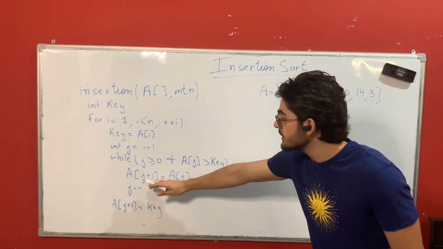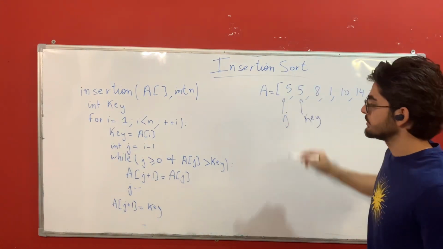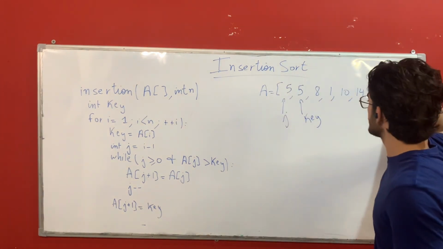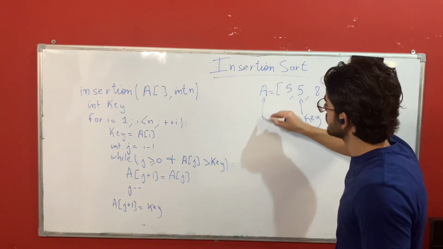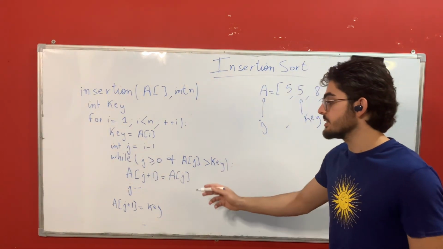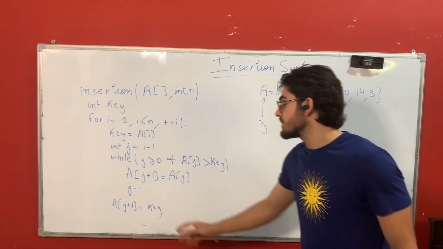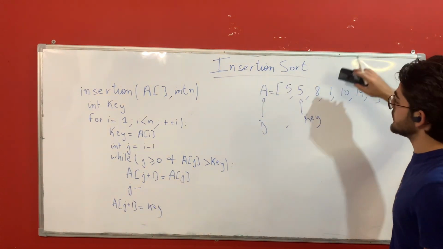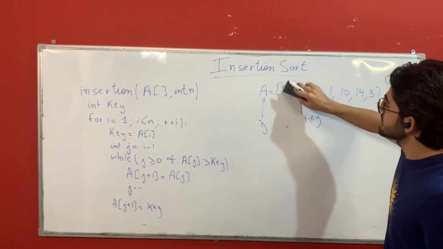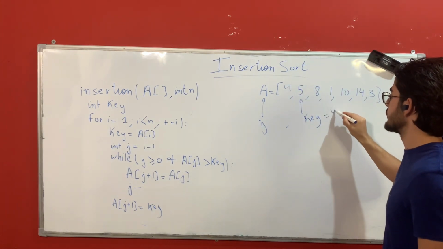So A of j will be copied to A of j plus 1. We decrement j by 1. j now is no longer greater than or equal to 0, so it breaks the while loop and finally places the key at A of j plus 1. So A of j plus 1 will be equal to the key, which was previously 4.